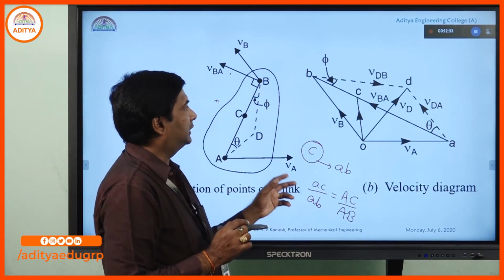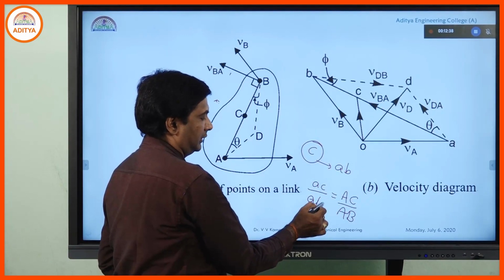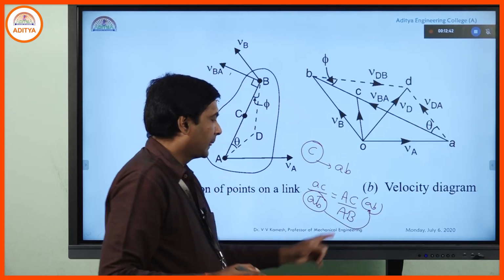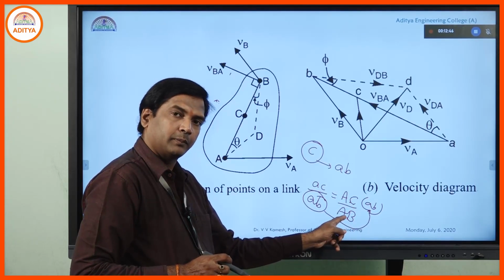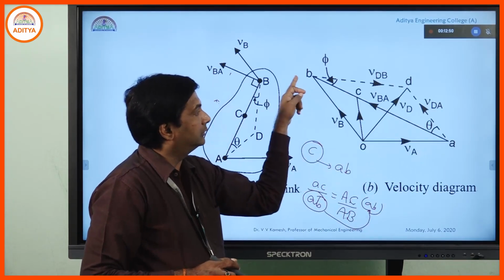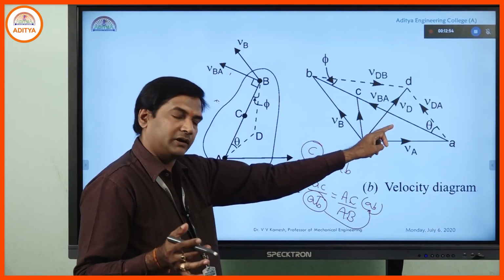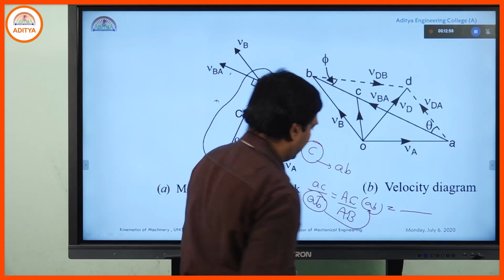If we already know the parameters of small ab, then this can be fed in like this. The AC length will be given in the problem statement, the AB length will be given in the problem statement, and small ab is the velocity of B with respect to A. If this is scaled and calculated, then we can substitute and find it analytically like this.